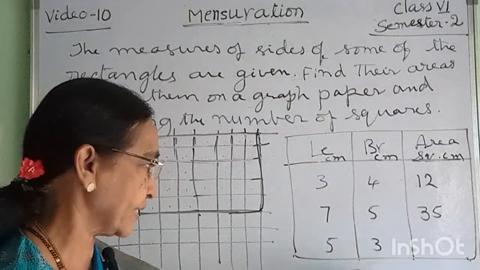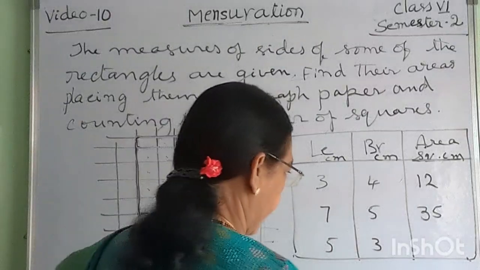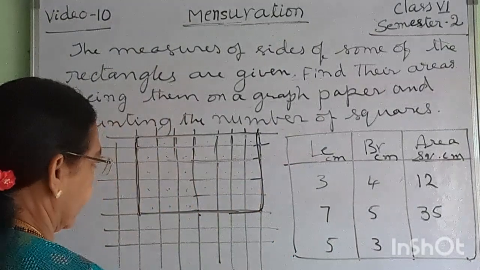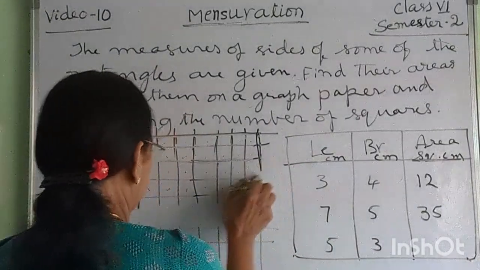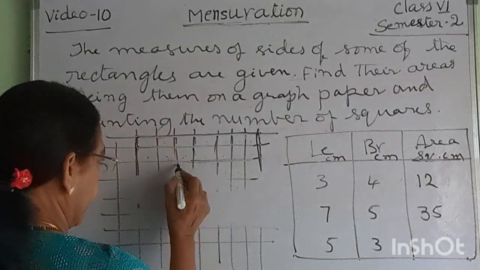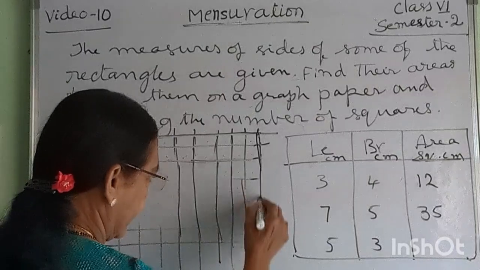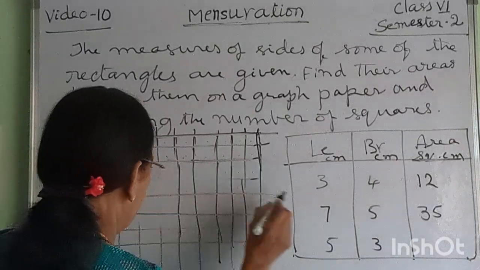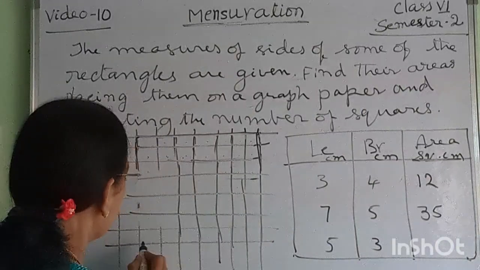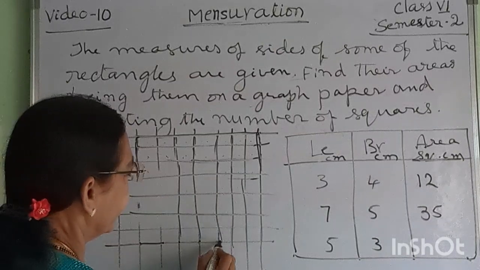Next, placing this rectangle of length 5 centimeters and breadth 3 centimeters. So length 5 centimeters: 1, 2, 3, 4, 5.